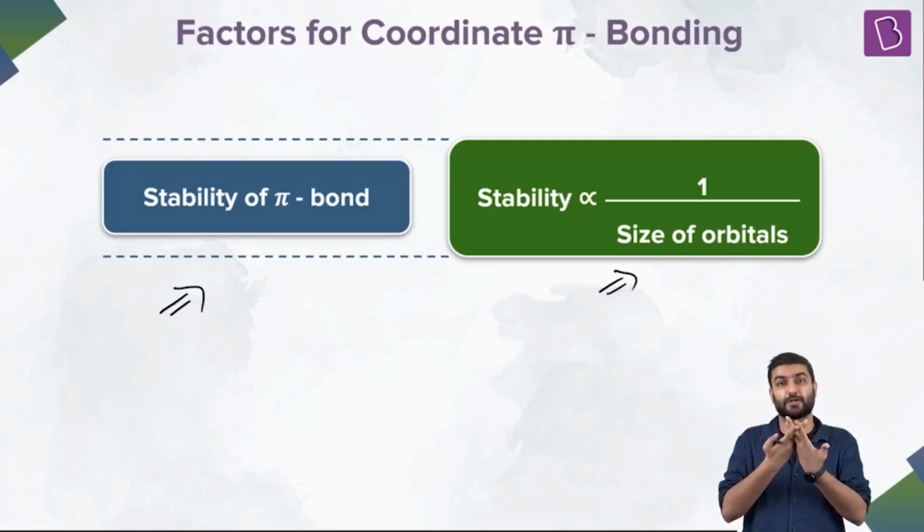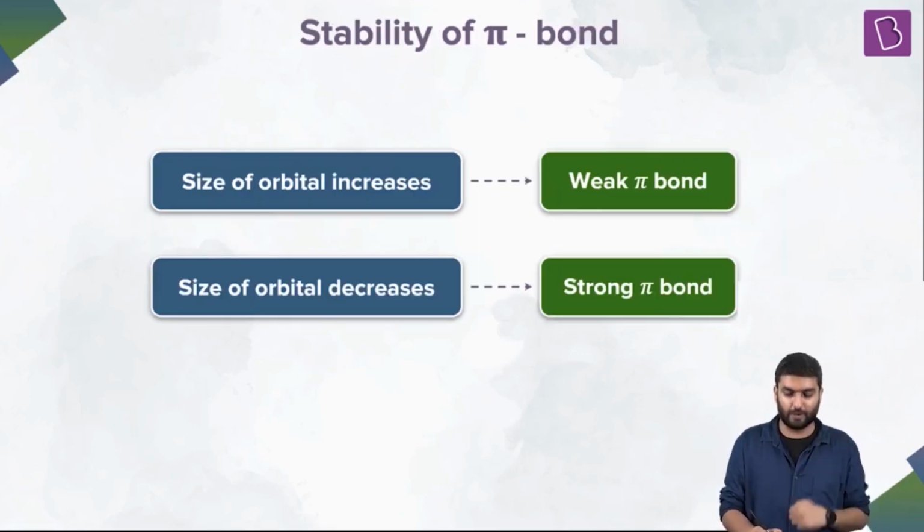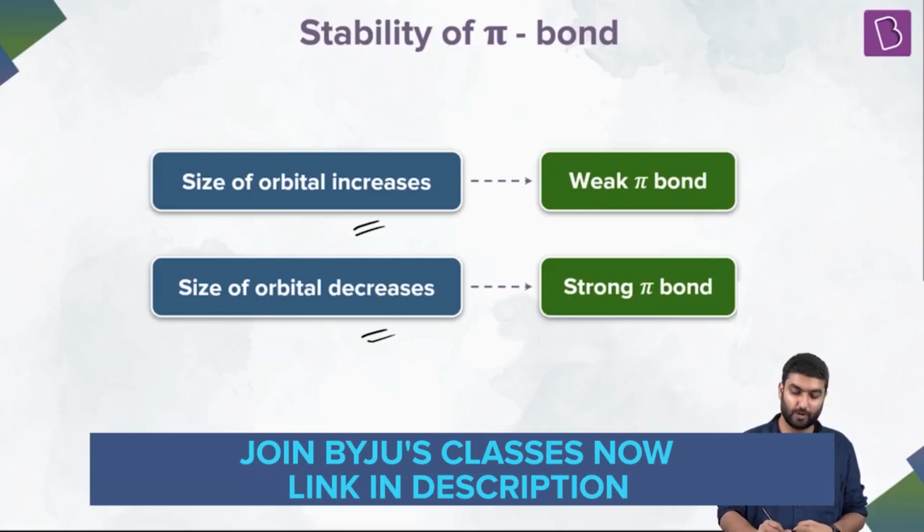So the overlap turns out to be weaker because of the reduced electron density in larger orbitals. Because of that, we can say that the stability is inversely proportional to size of orbitals. Larger is the orbital, weaker is the pi bond. Smaller is the orbital, stronger is the pi bond.